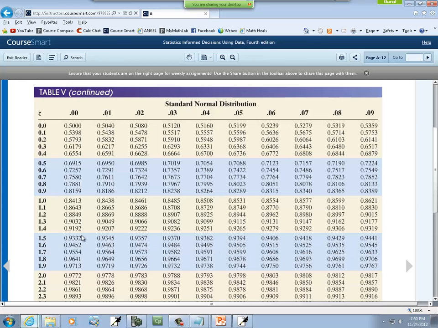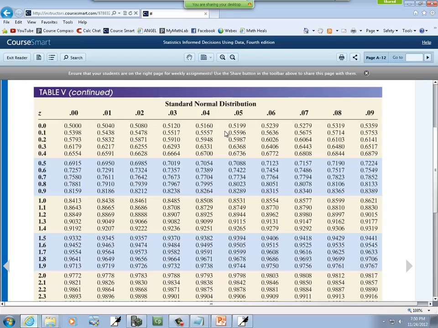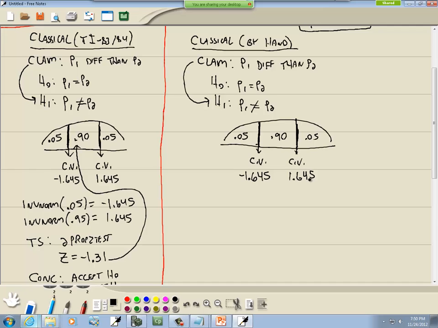I come over there, that's 1.6. And you can probably guess what this is, 4.5. Again, it's halfway in between these hundredths place. So, you know, if we average these, 0.04 and 0.05, we get 0.045. That's why you put the 4.5 here. Okay, so those are our critical values.